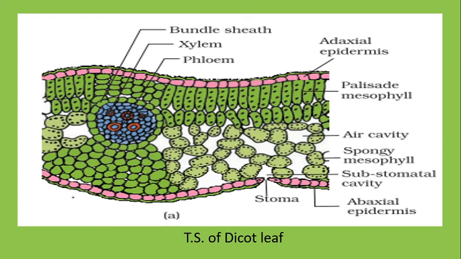Okay, so palisade mesophyll and spongy mesophyll, so these two different tissues are produced in the mesophyll tissue. Okay. So these palisade tissues or palisade cells are columnar or vertical, elongated, and compactly arranged. Okay. And loosely arranged isodiametric spongy cells we can see.